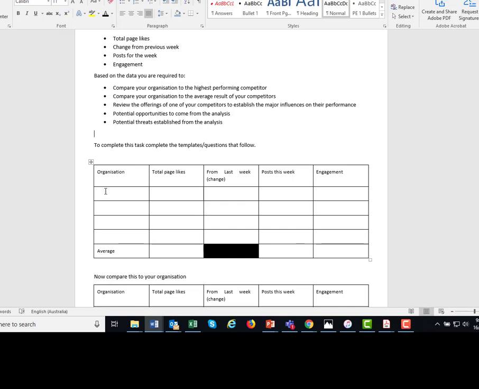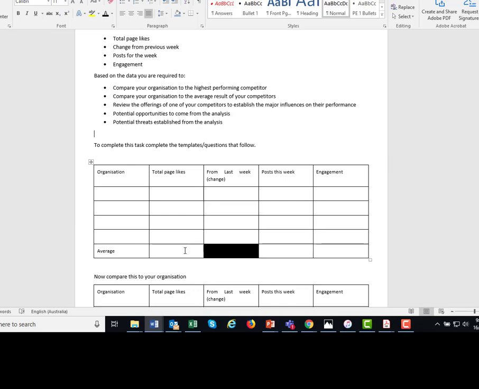They've got to look at 4 competitors. On Facebook, there's the total page likes from last week, posts this week, and engagement. That comes straight from that report we discussed the other day. So they've got to find that report, analyze it, put 4 competitors in there, and get their information.